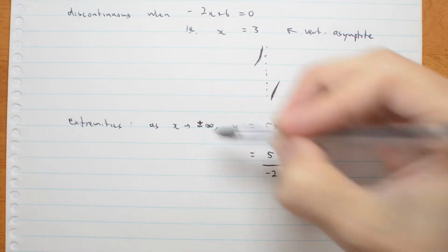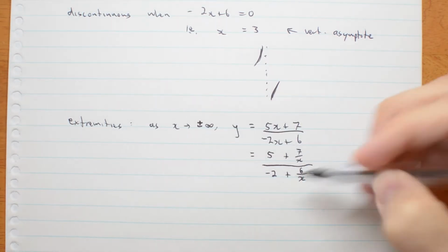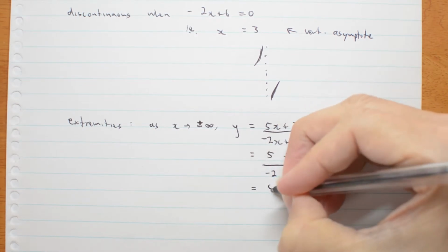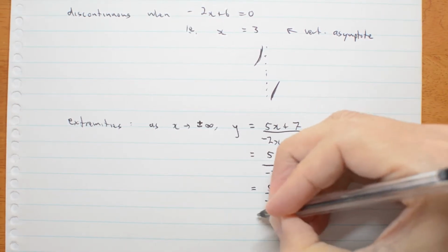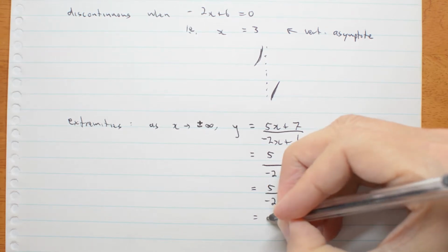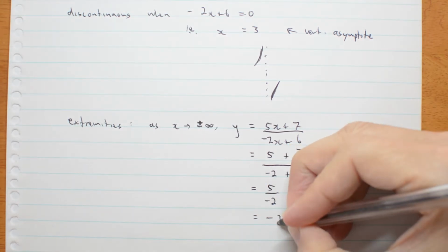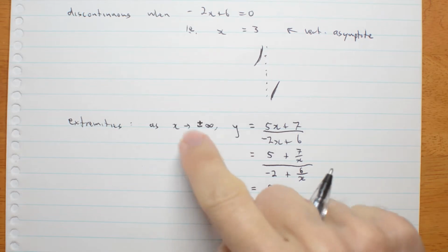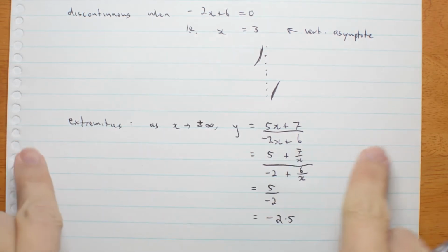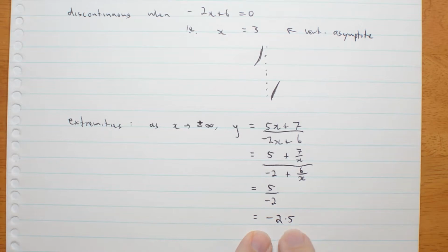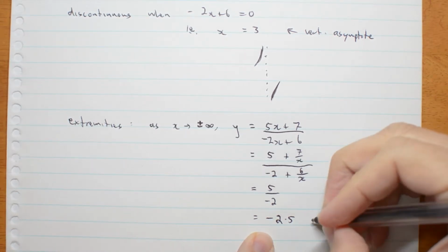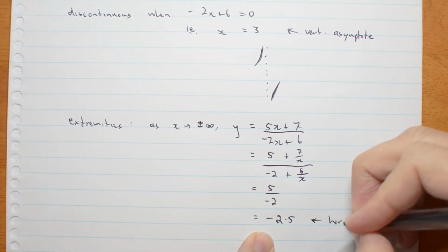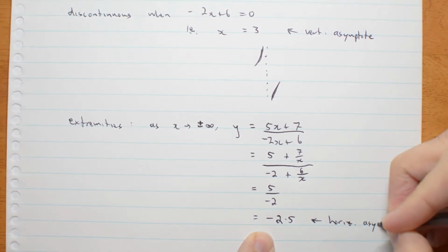So as x gets very large, these two terms disappear, and I've got 5 over negative 2, which is exactly negative 2.5. That tells me as my graph gets bigger at the outside edges, the y value is getting close to this value, but never quite going to reach it because these won't quite be 0. That means this is a horizontal asymptote.